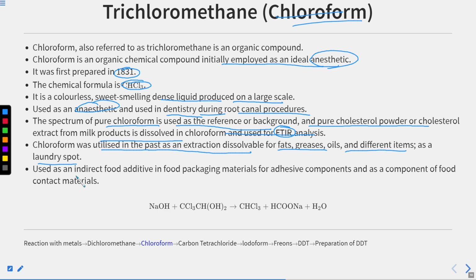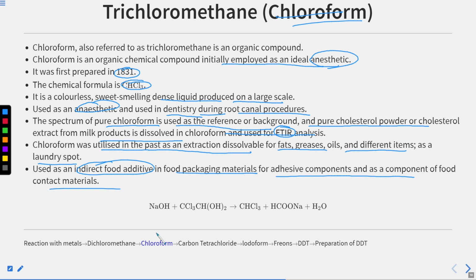Suppose you got your clothes dirty due to exposure to oil or something edible, then you can use this chloroform because it dissolves all of these fats, grease, oils, and different items, and you make your clothes clean. It is also used as an indirect food additive in food packaging material for adhesive compounds and as a component of food contact material.